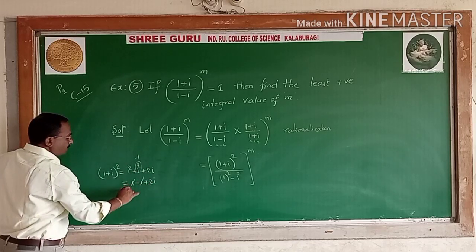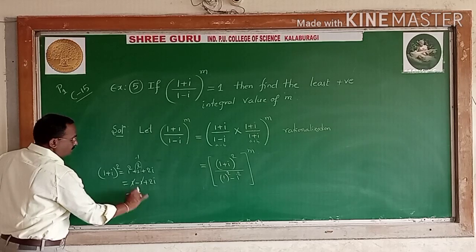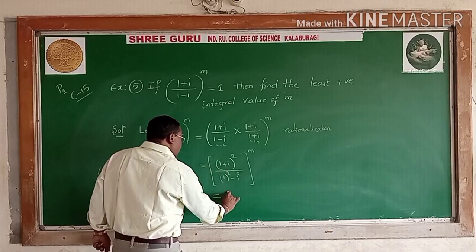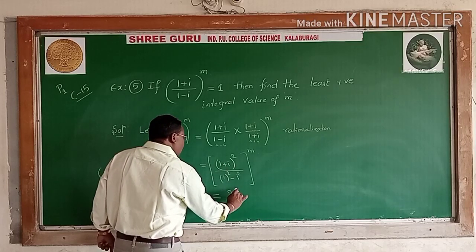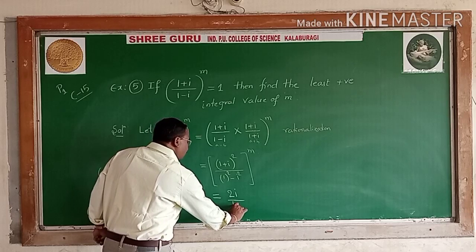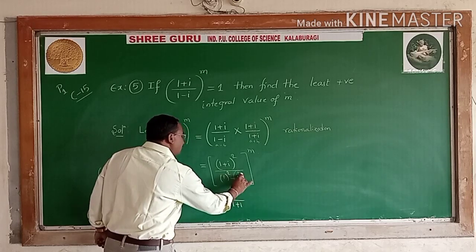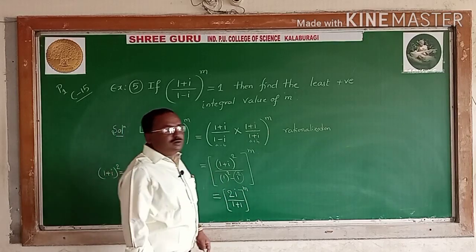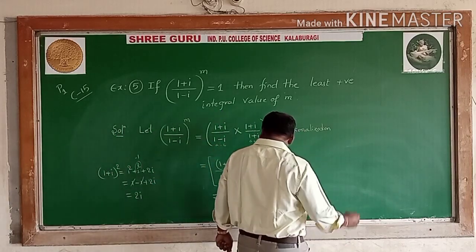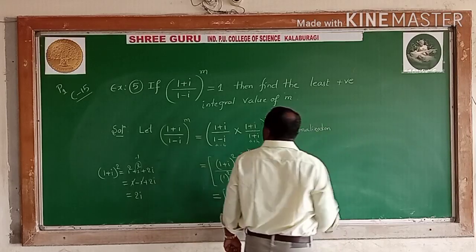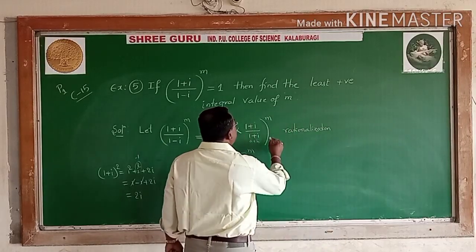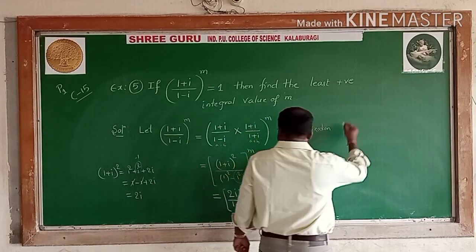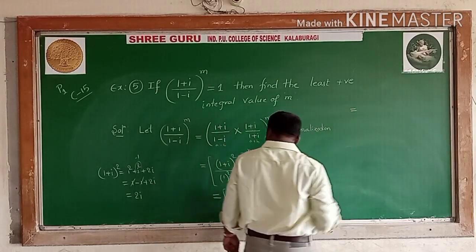Plus 1 minus 1 gets cancelled. The value is 2i. The denominator: 1 minus i square, I square value is minus 1, so 1 plus 1 is 2. So 2i divided by 2, whole power m.